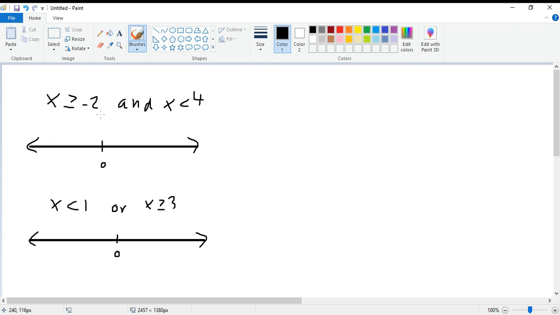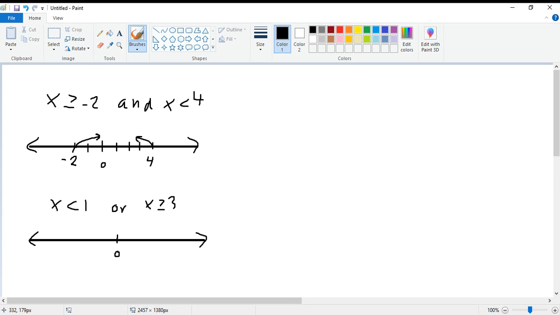That means we want the numbers that make the first inequality true and the second inequality true. So we're going to put -2 and +4 on our number line. If we want the numbers that make both the first inequality true and the second inequality true, we want the numbers that are greater than or equal to -2 and that are less than 4.